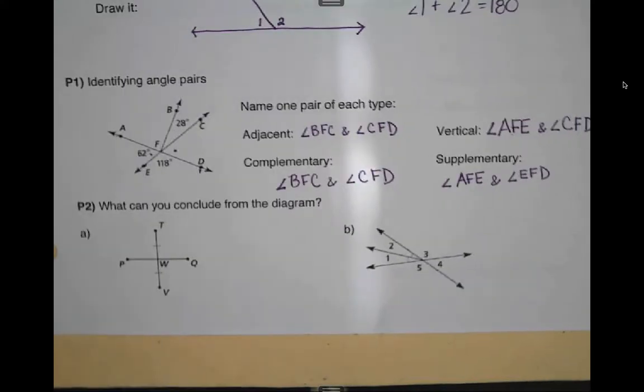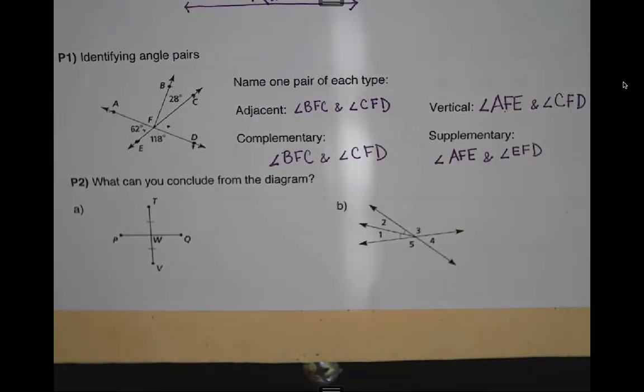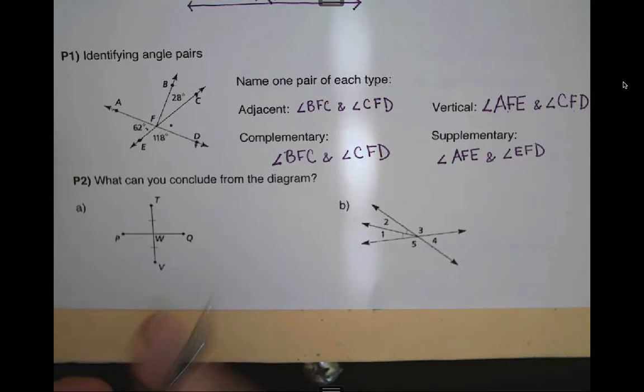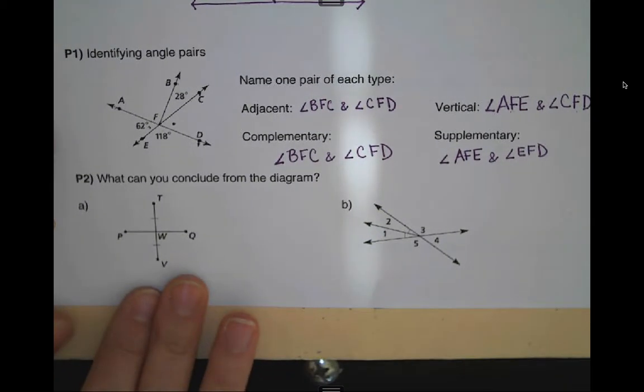Here's another type of problem you could be asked using the information angle pairs. What can you conclude from the diagram? So some of this might bring back some things that we already know from Chapter 1 in geometry, and it's a very open-ended question, but you have to make sure whatever you conclude does have backing from information that you pull from the picture.